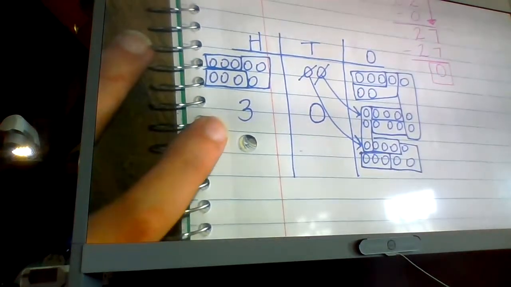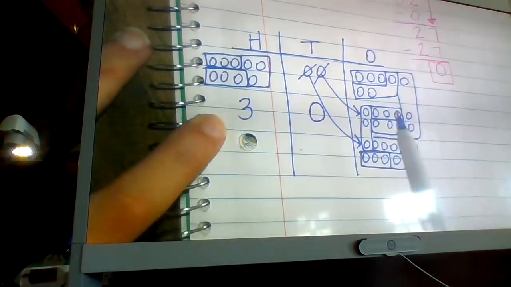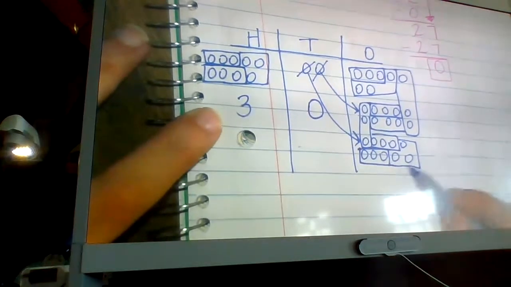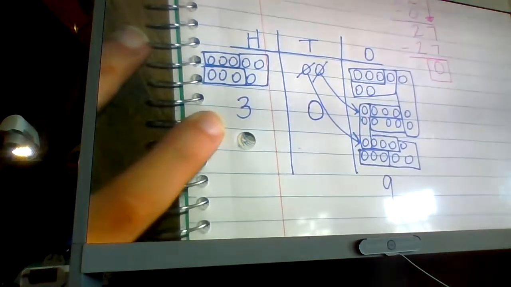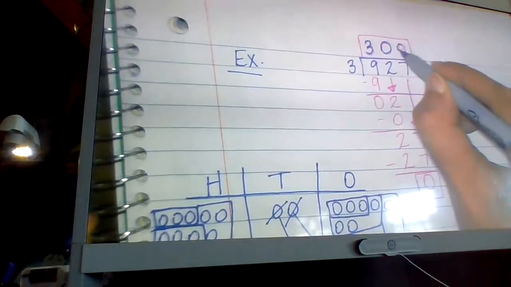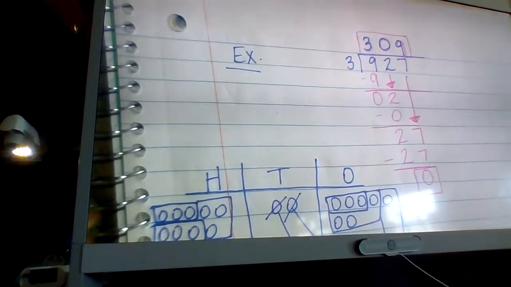Wow, I made a lot of groups of 3. 1, 2, 3, 4, 5, 6, 7, 8, 9. I made 9 groups of 3 in the ones place. Let's see how that correlates to my standard algorithm. Wow, there was 9 in the ones place there too.